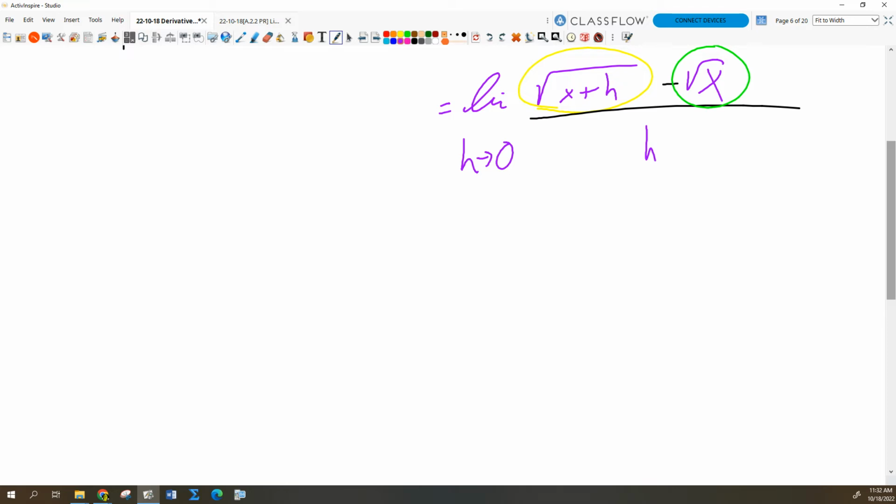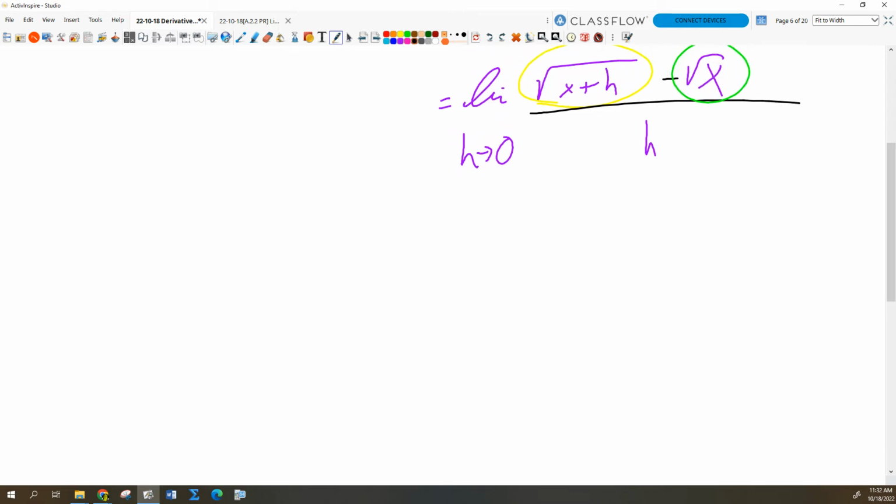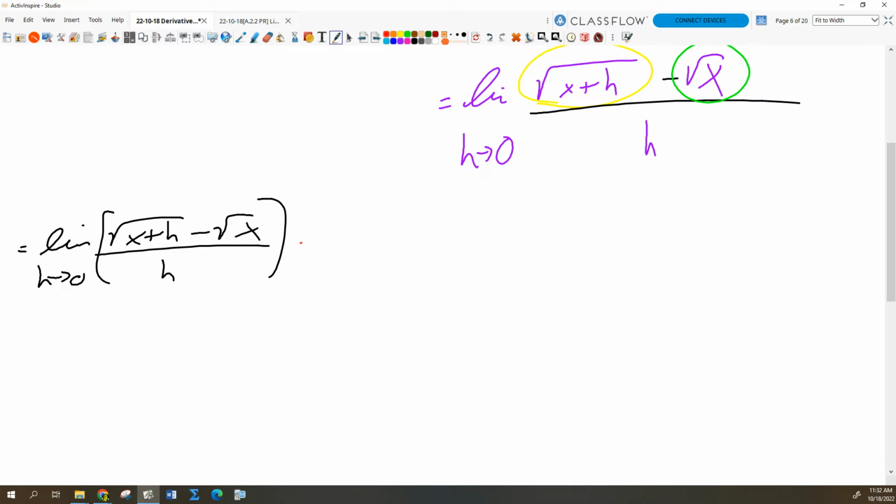So this is always that kind where we have to do more work. Okay, so let's crank into calculus mode, and we're just going to multiply this by square root of x plus h plus square root of x, top and bottom.